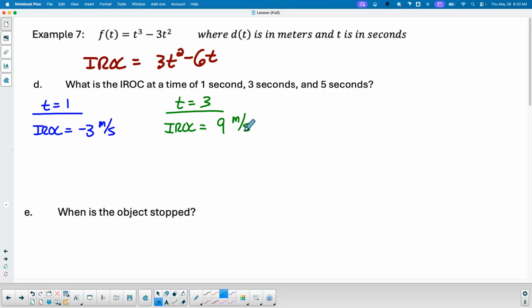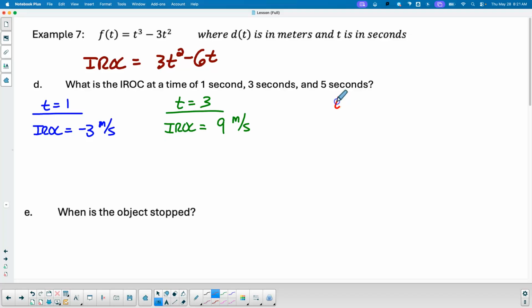It changed direction and it's moving forward now. Which means what? Somewhere between 1 and 3 seconds, it stopped, because it was moving backwards, stopped, and now is moving forwards.